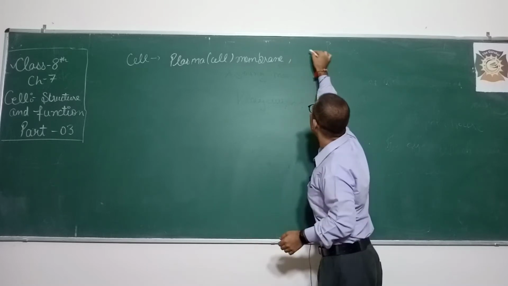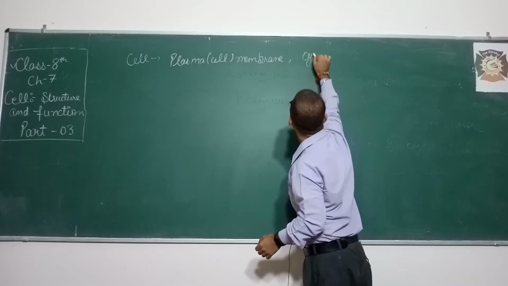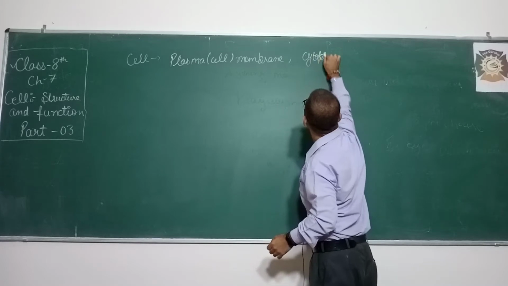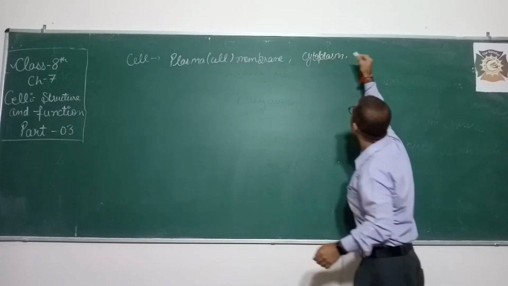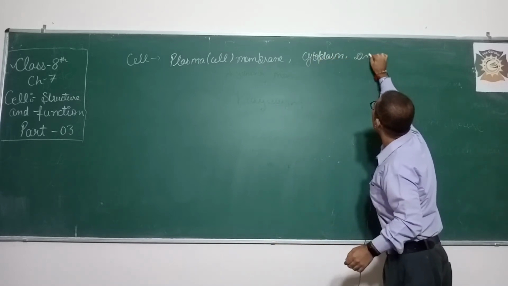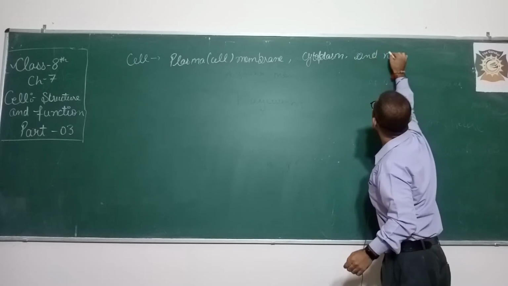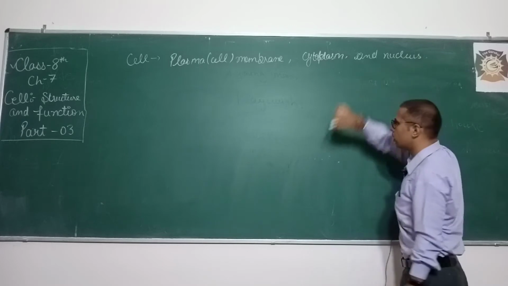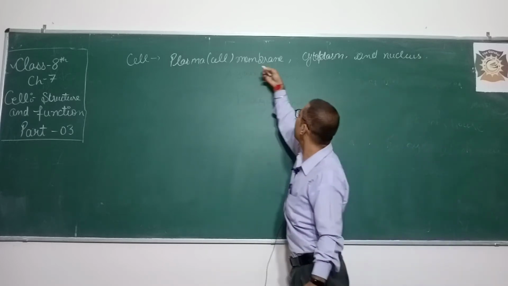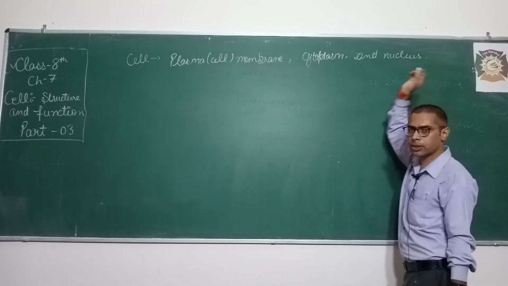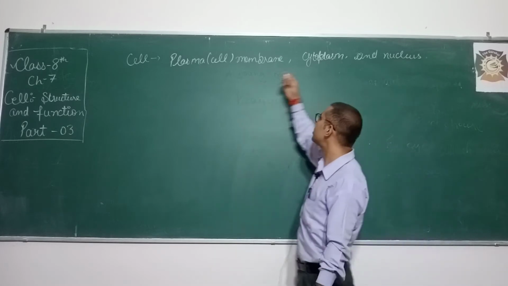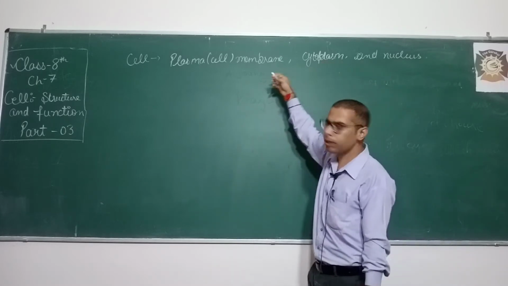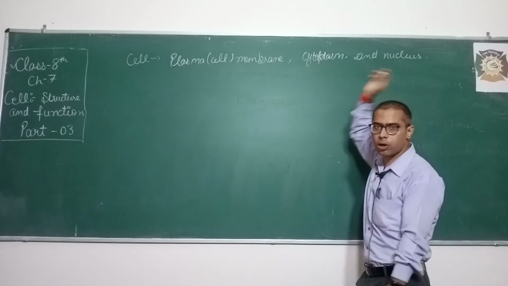After that, the cell consists of cytoplasm. Next one is nucleus. So if anyone asks you what the main parts of a cell are, you say: plasma membrane, cytoplasm and nucleus.